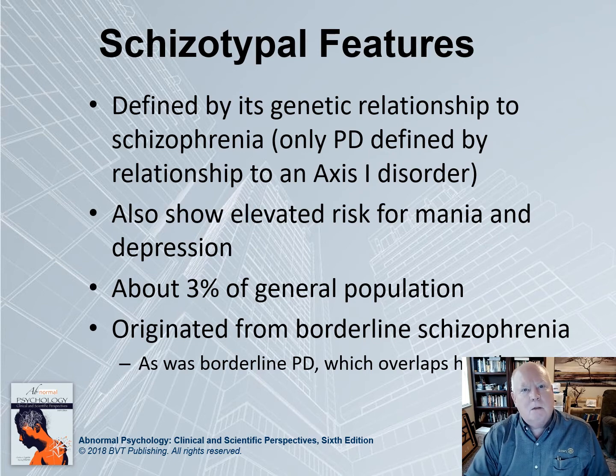Now, I need to point out that it isn't just schizophrenia that people with schizotypal personality disorders are at risk for. They also seem to be at risk for mania and depression, mood disorders that often reach psychotic levels. In the general population, we're probably talking about 3%, although it depends on how you measure it.